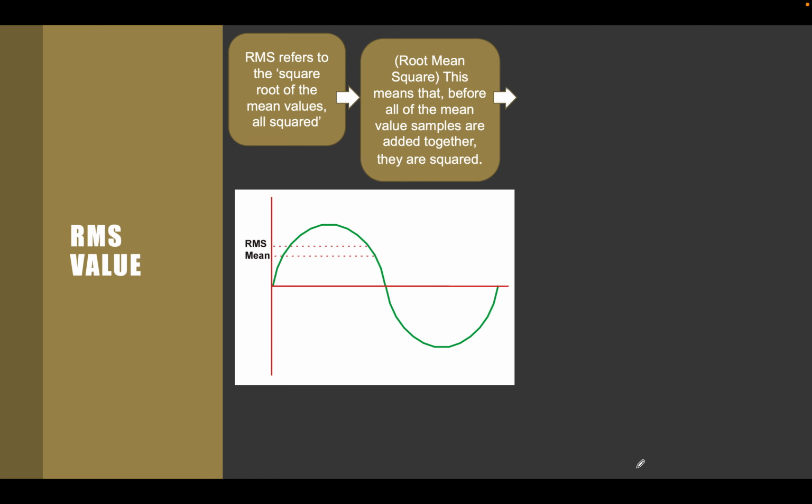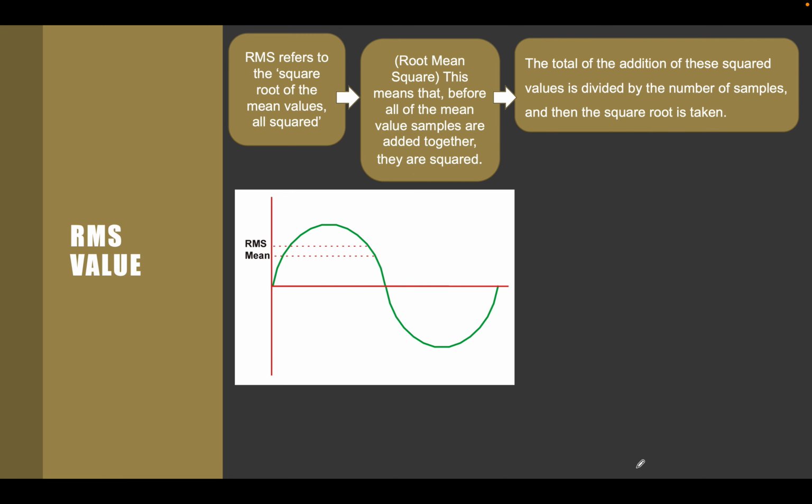Now don't worry too much, just go with this. The total of the addition of these squared values is divided by the number of samples, and then the square root is taken. But again, here we go. So the RMS value of a pure sinusoidal wave shape is 70.7% of the peak value, which is the same as multiplying by 0.707.